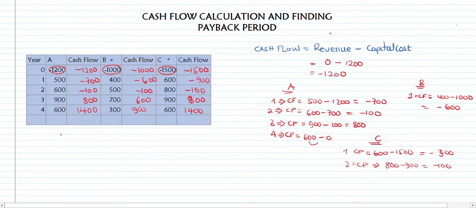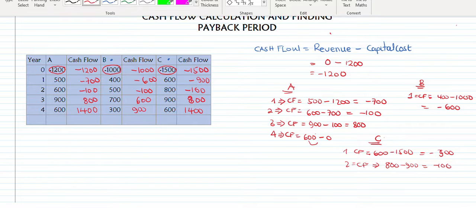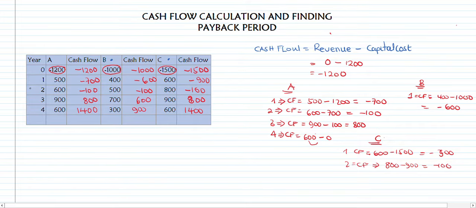Now let's look for my payback time. Now within year, let me change my color. Within year two and year three, I was able to settle this debt, right? If you look at each of them, we were able to settle the debt within year two and year three.